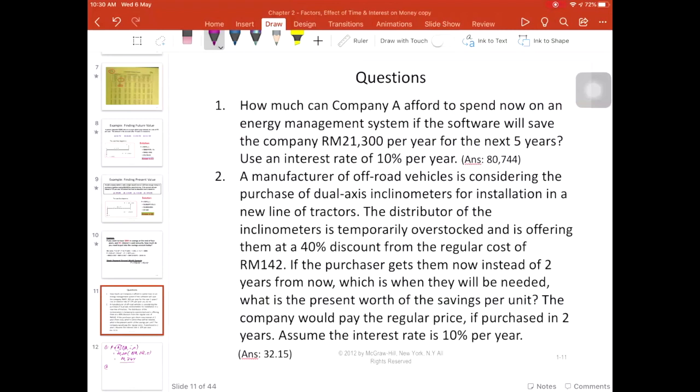So, number 2, you have to do the question step by step.